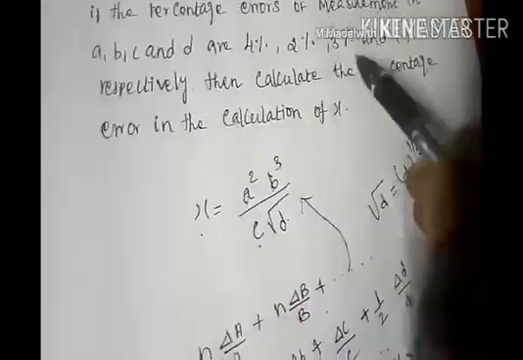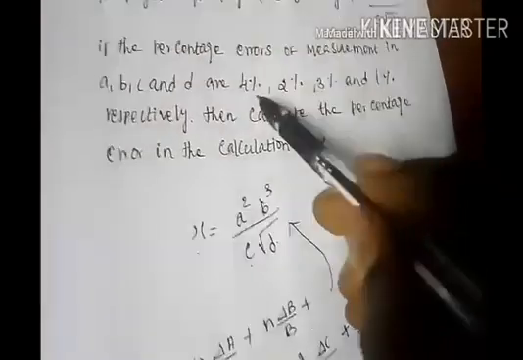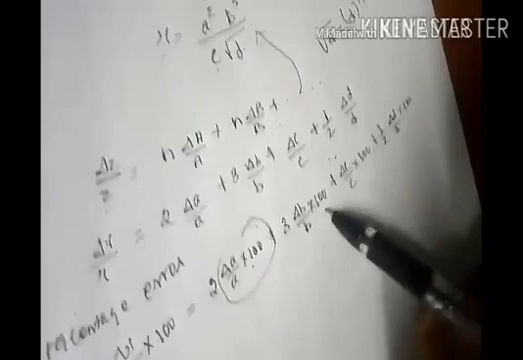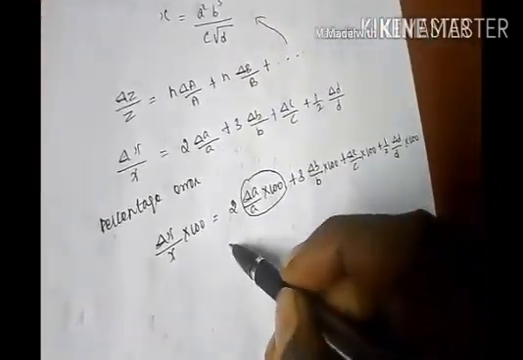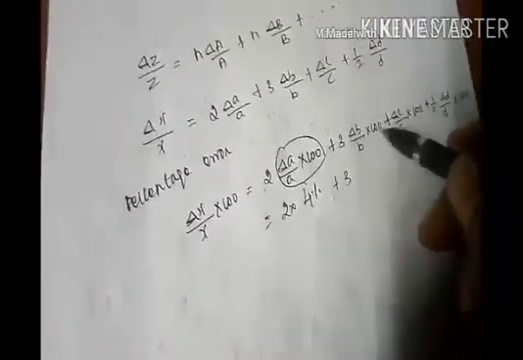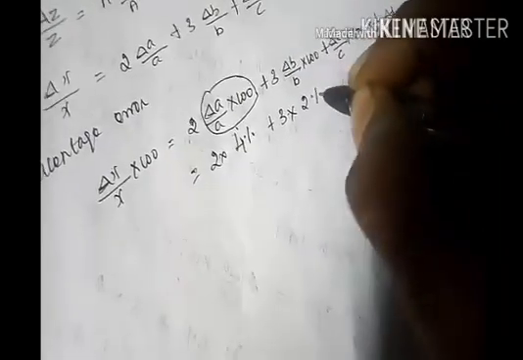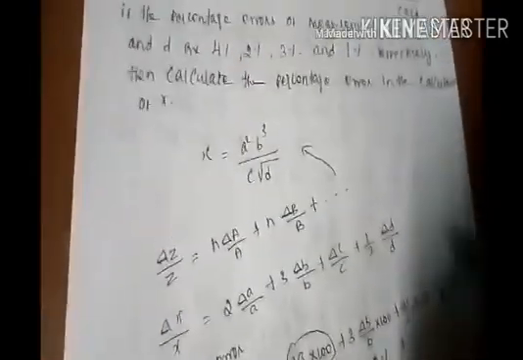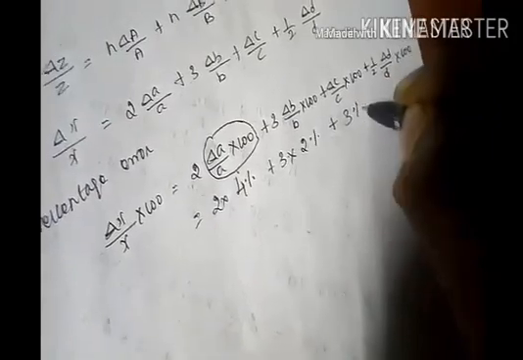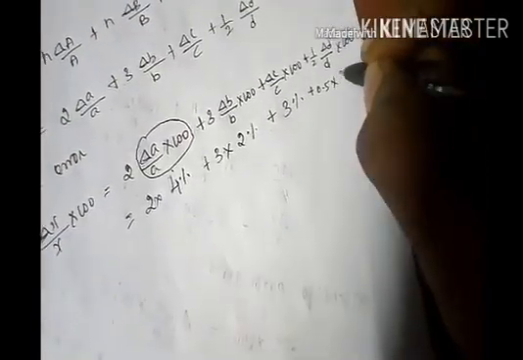So del a divided by a into 100 is 4%, and del b divided by b into 100 is 2%. Updating here: 2 into 4%, plus 3 into 2%, plus del c divided by c into 100 is 3%, plus 1 by 2, which is 0.5, into del d divided by d into 100, which is 1%.